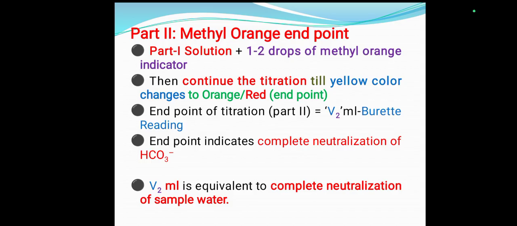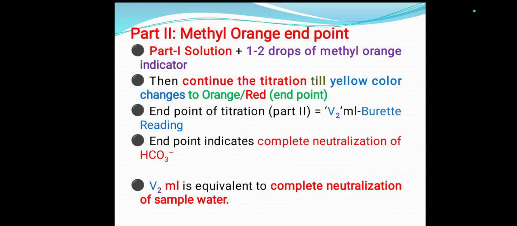Once that yellow color changes to orange or red, stop the addition of acid and note the burette reading as V2 ml. So in part 1, V1 was the reading, and in part 2, V2 is the reading.